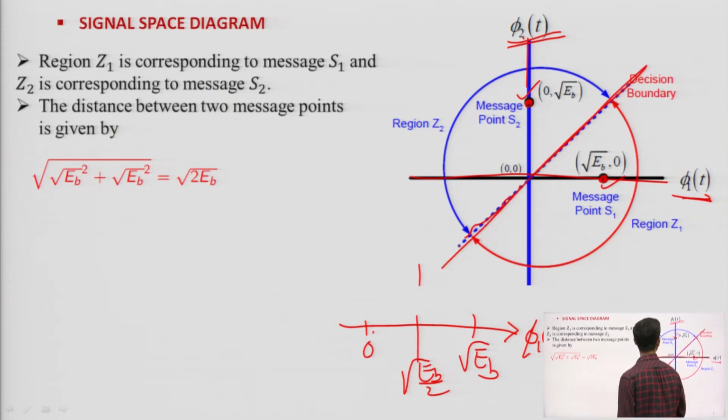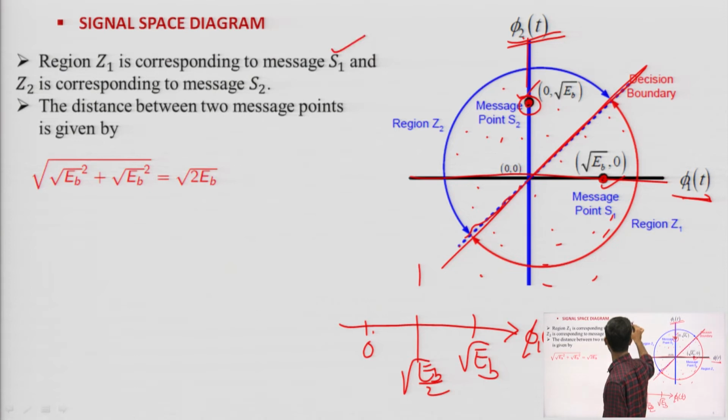This is your decision boundary. If I get any point in this region, I will consider it as S1, and if I get any point in the other region, I will consider it as S2. So region Z1 corresponds to message S1, and Z2 corresponds to message S2.